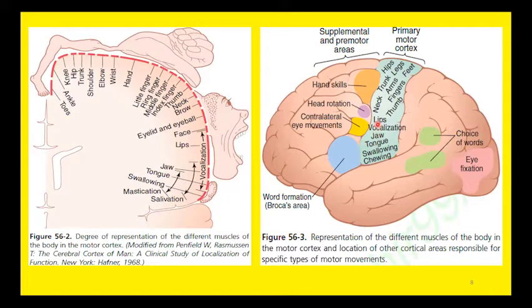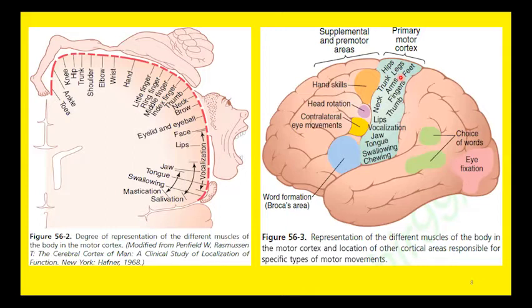As we move medially, we can see the movement of thumb, the movement of fingers, the movement of limbs, and towards the medial surface is the control of feet and toes. So this is the motor homunculus. All these areas are represented over the motor cortex, especially the primary motor cortex.